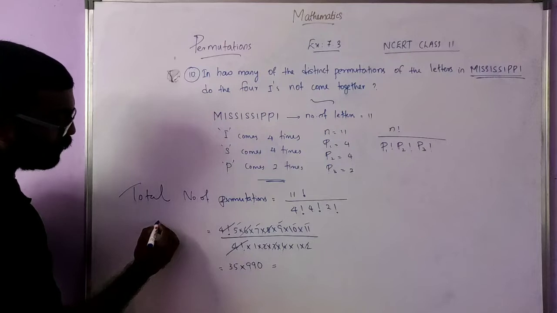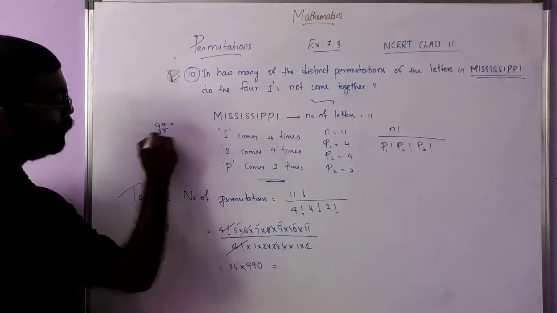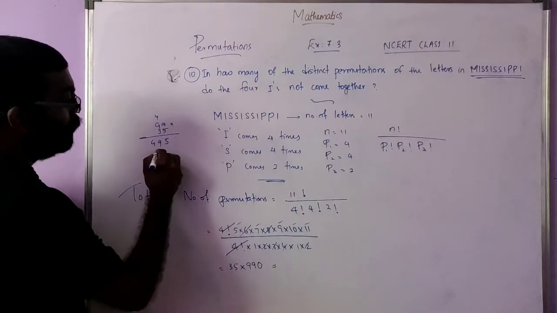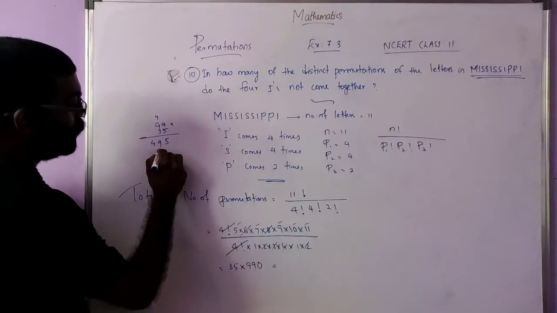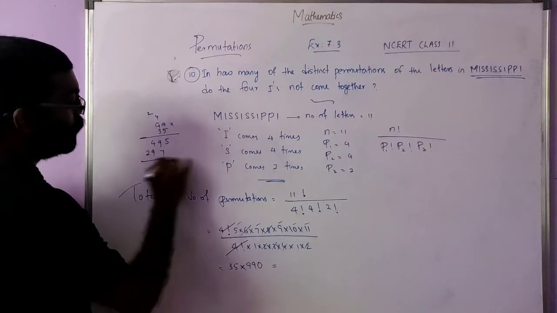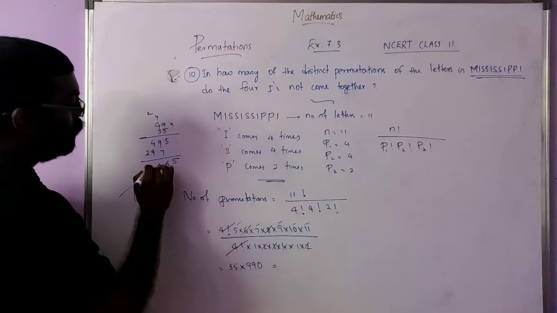Now we can multiply this one. 99 into 35. 9 5s are 45, 4 balance 49. 9 3s are 27, 2 balance 29. So 5 6 4 3.